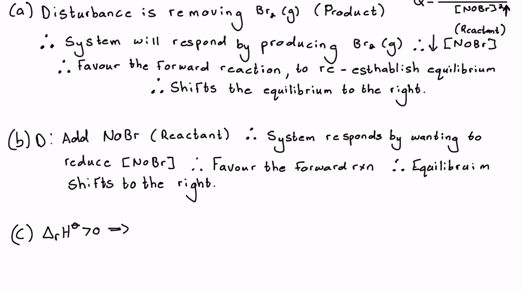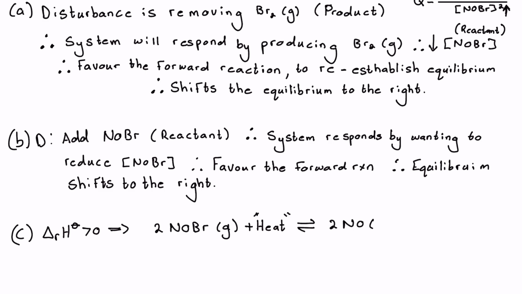So that implies that we can actually write our equilibrium as follows. NOBr gas. If it's endothermic, so the enthalpy is positive, that means our reaction requires heat to proceed. So heat we can model as a reactant of sorts.